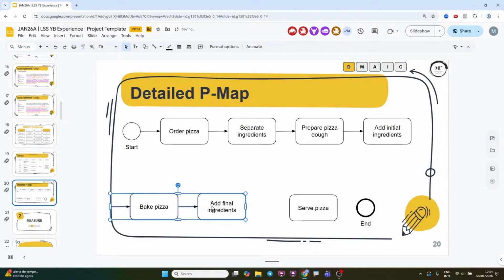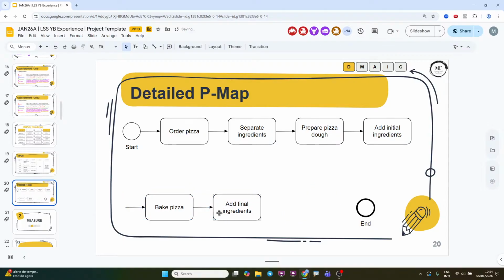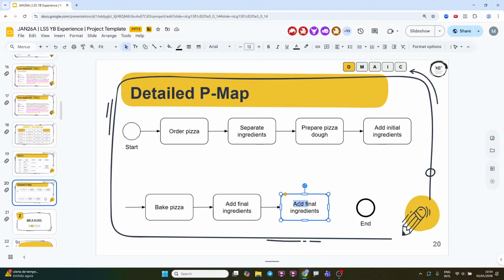For detailed PMAP, I recommend not indicating more than 50, okay? 50. So add ingredients and then bake pizza.